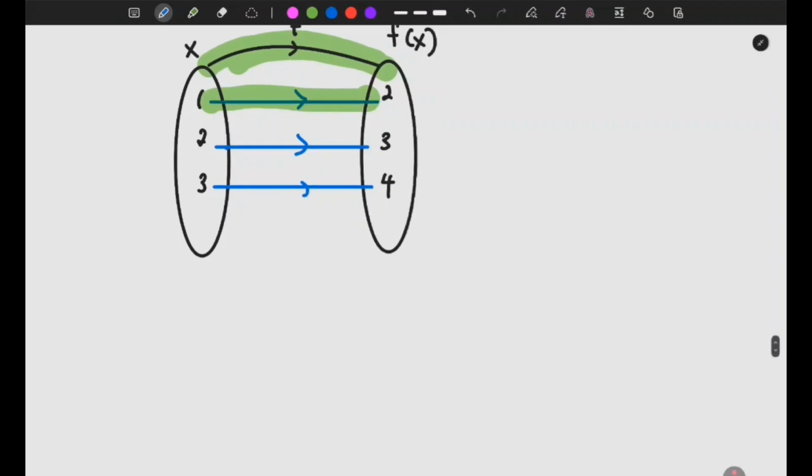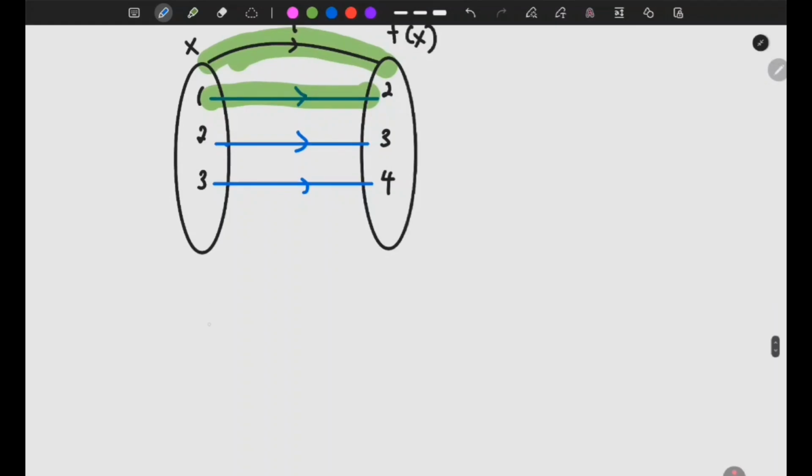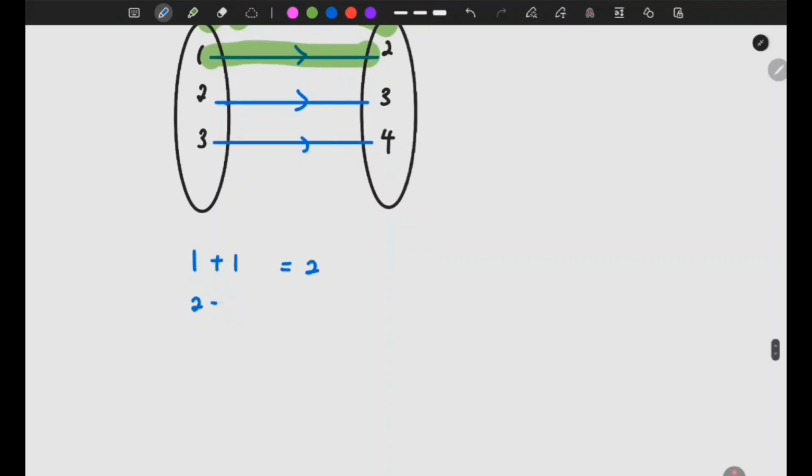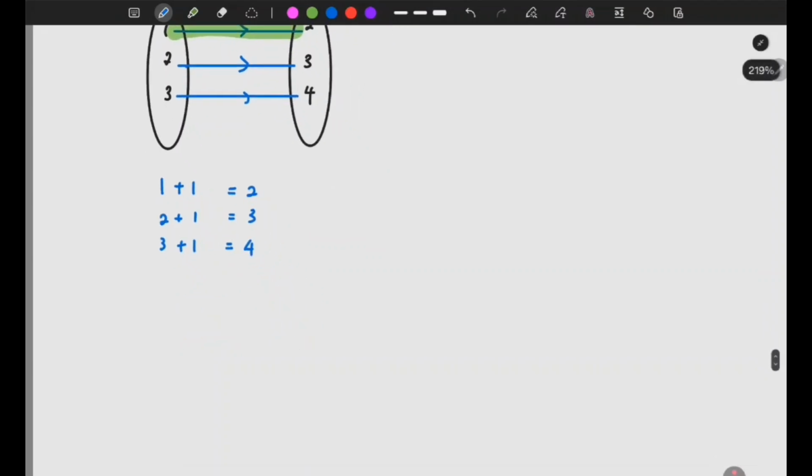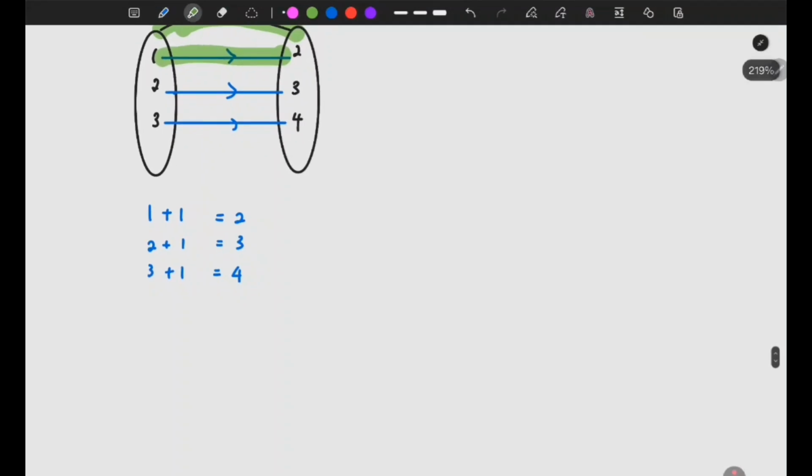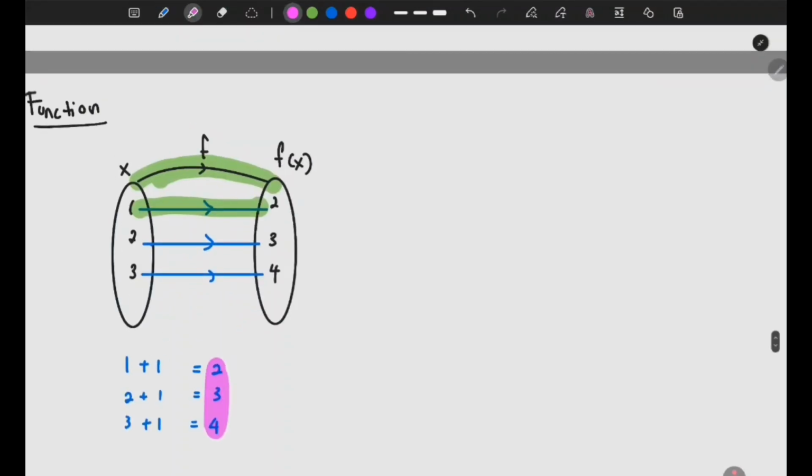If you realize the pattern, it's plus 1. So when you're 1, you plus 1, you become 2. When you're 2, you plus 1, you become 3. When you're 3, you plus 1, you become 4. All this, 2, 3, 4, is your f(x).